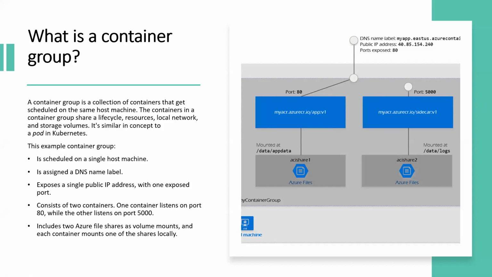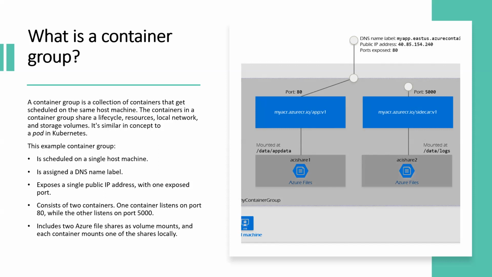If you see in the diagram, it is scheduled on a single host machine. It is assigned a DNS name label, myapp.eastus.azurecontainer.io.